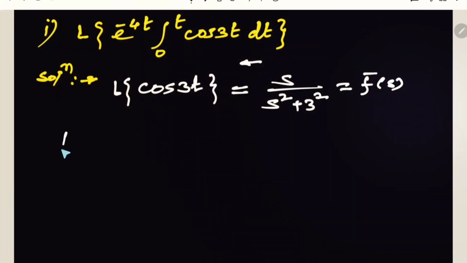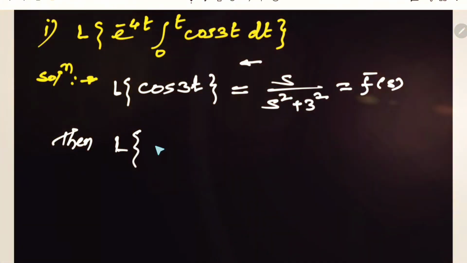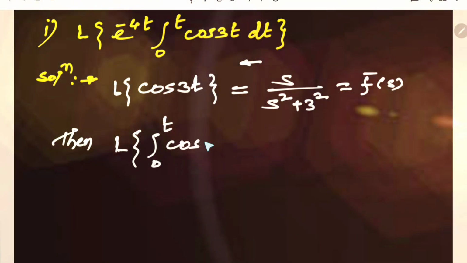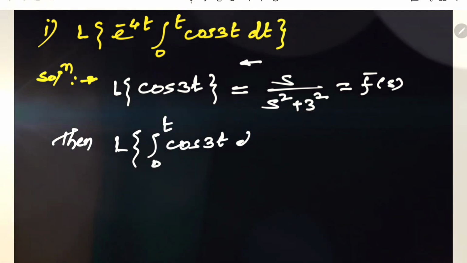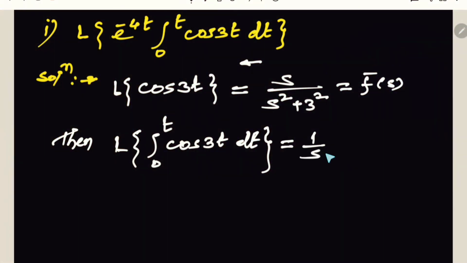Then we go for the theorem of Laplace of integral. Laplace of integration from 0 to t of cos 3t with respect to t is 1 by s into f bar of s.